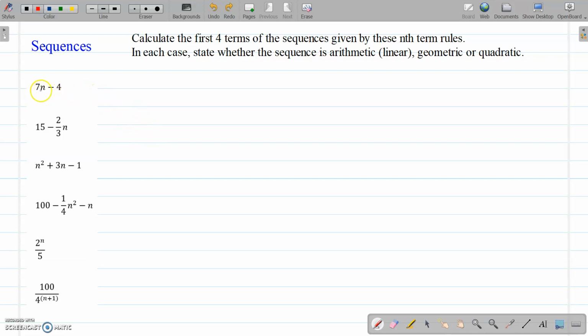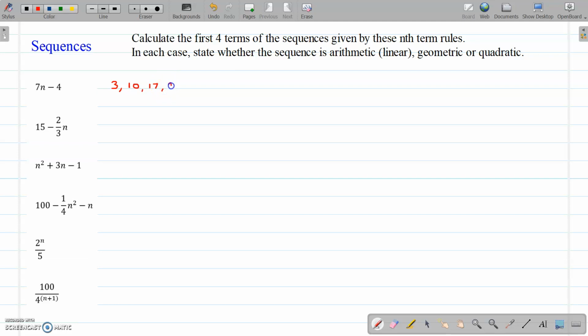So for the first one, 7 times 1 is 7, minus 4 is 3. Okay. The second term, 7 times 2 is 14, take away 4 is 10. The third one, 7 times 3 is 21, take away 4 is 17. And the fourth term, 7 times 4 is 28, take away 4 is 24.